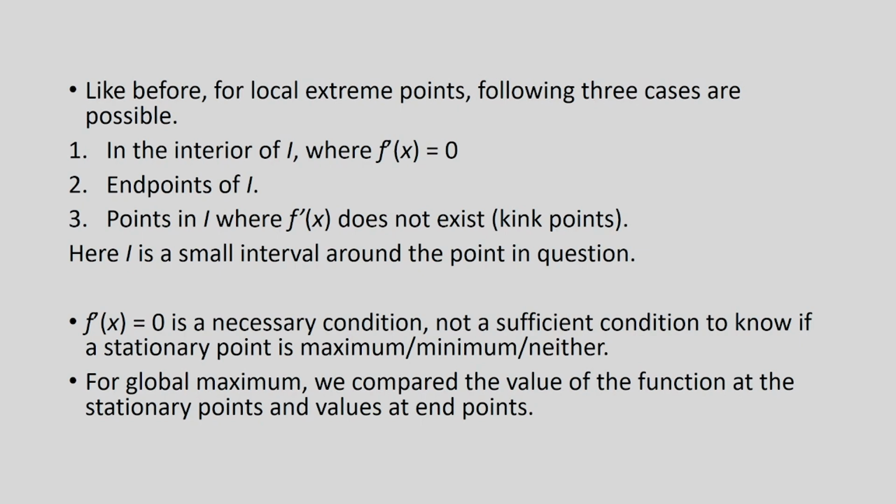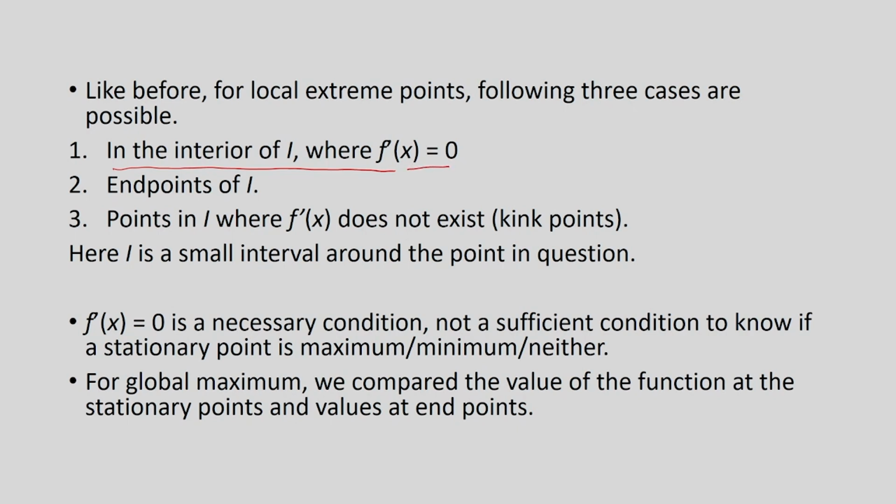Now, like in the case of global maximum, for local maximum or minimum also, or local extreme points, the following three cases are possible. Those local maximum or minimum could be in the interior of I, where f dash of x is equal to 0, right.